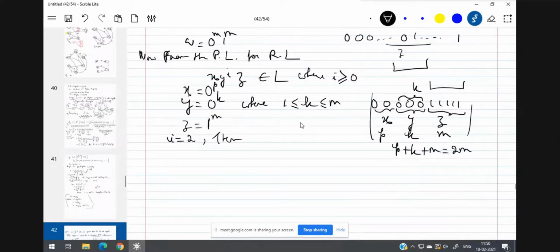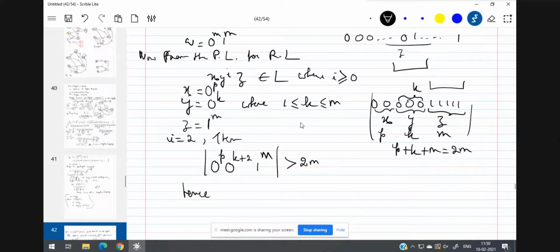If you get confused in this portion, you just go back and check the previous examples. Okay, i is equal to 2, then 0 to the power p, 0 to the power k plus 2, then 1 to the power m. Now this length is greater than twice m.